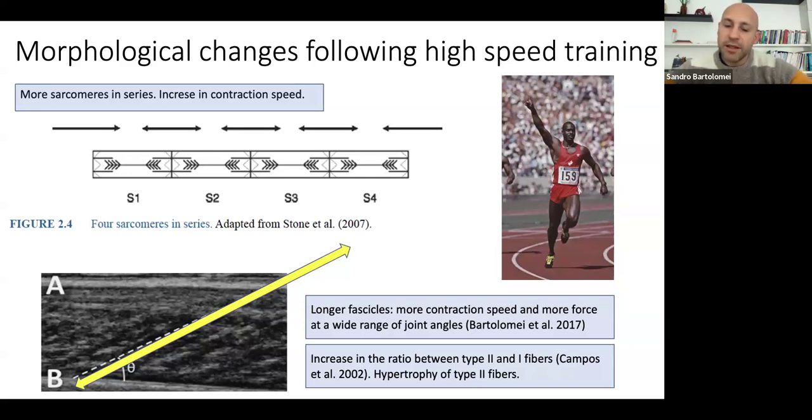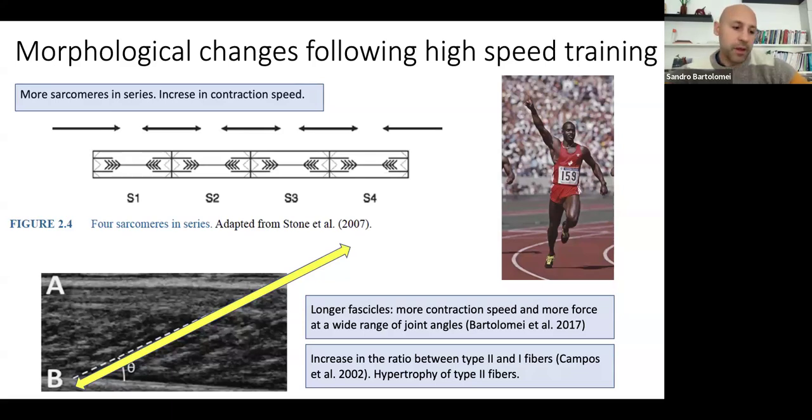And fascicle length is a parameter that is very related to sprint ability and also to change of direction because, as I said, a longer fascicle length allows many sarcomeres in series to work at the same time. And a longer fascicle length allows the muscle to be contracted, to be activated quickly.